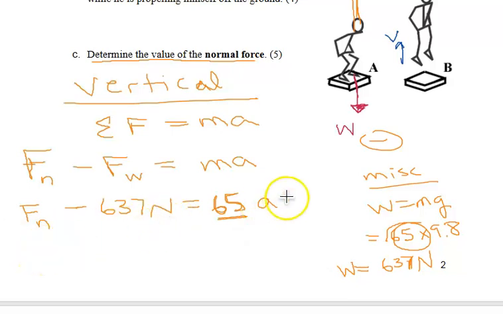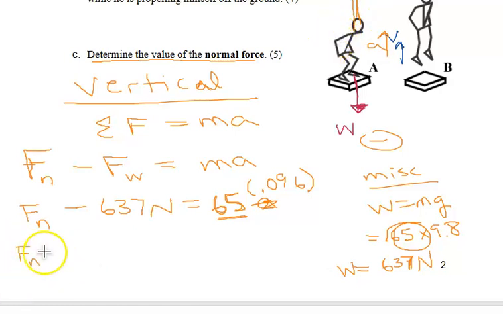Okay, so we know A. A is 43.96. That is positive because in order for him to accelerate upward, the net force has to be upward.